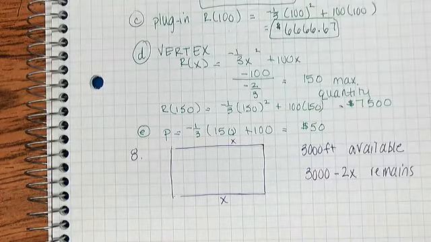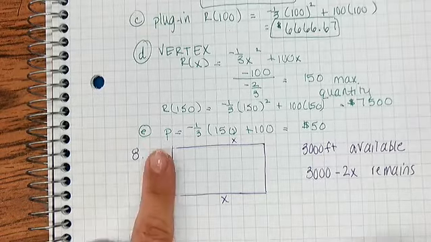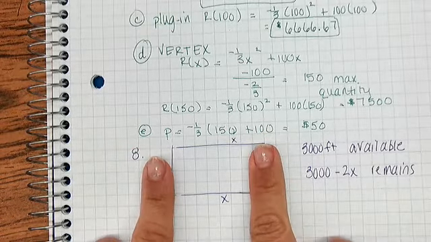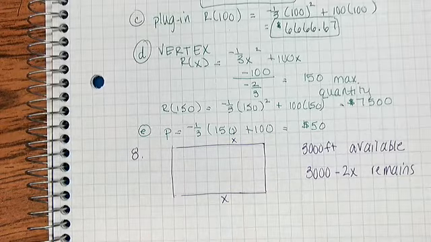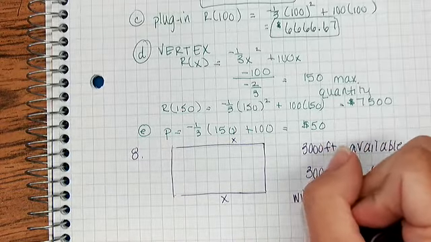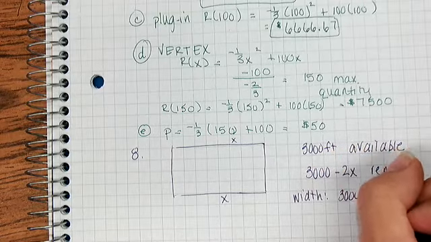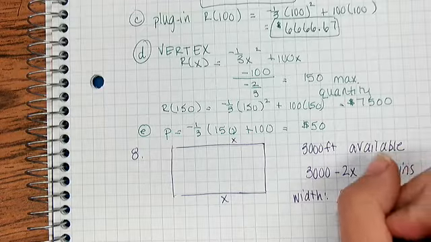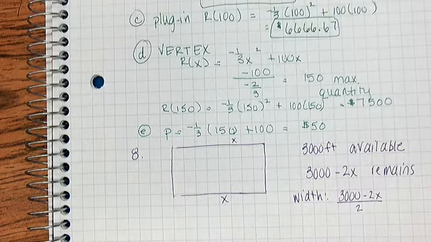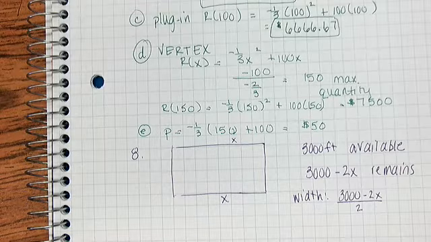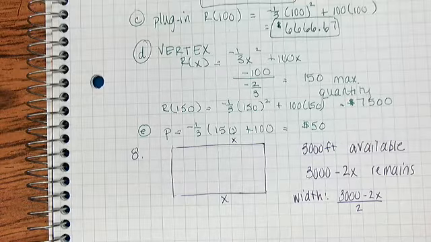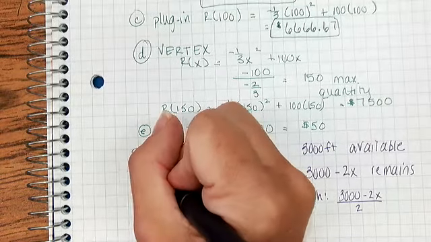Okay, but it's a rectangle, so these two sides need to be the same. So for the width, it's 3,000 minus 2x over 2, which last I checked was 1500 minus x.